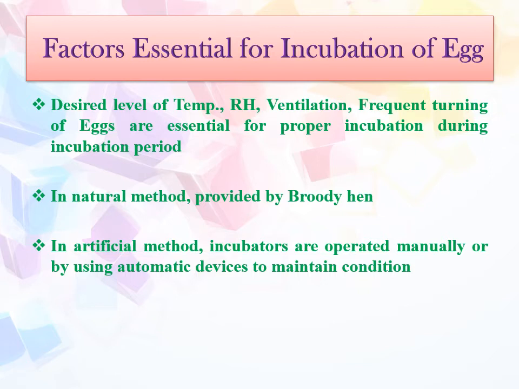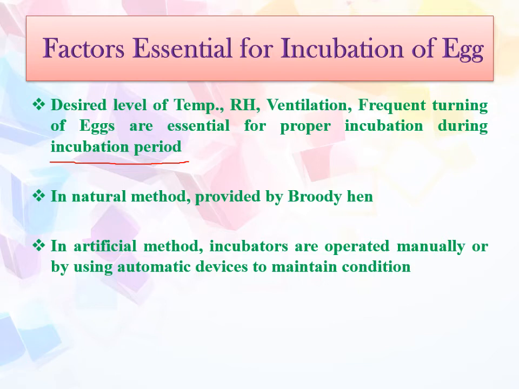So desired levels of temperature, humidity, ventilation, and frequent turning are essential for proper incubation during the incubation period of 21 days, out of which the first 18 days they are put into the incubator and then for the last 3 days they are put into the hatcher.